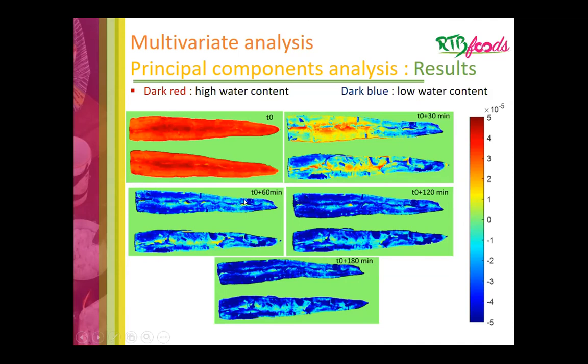At 2 hours of drying, the wet part in red has nearly disappeared, except at the fiber level, where we see a little water content. That means that the water at the fiber level leaves more slowly.